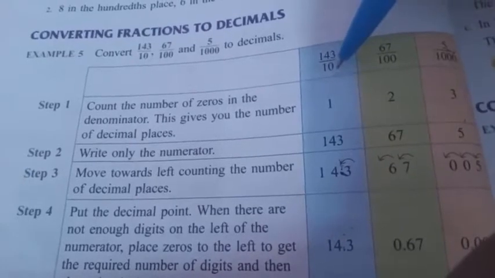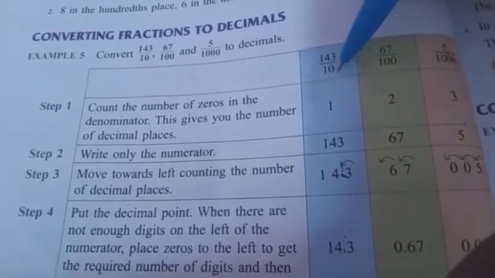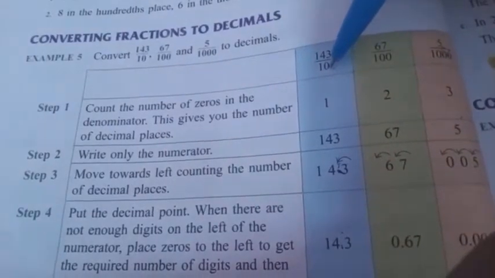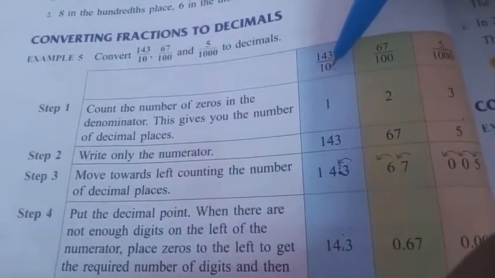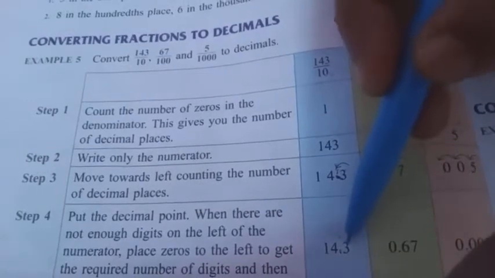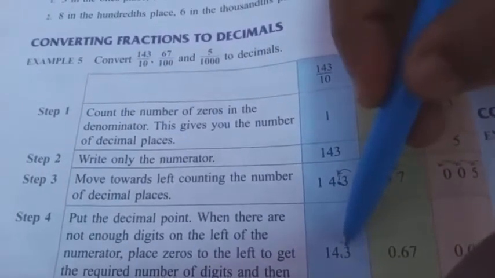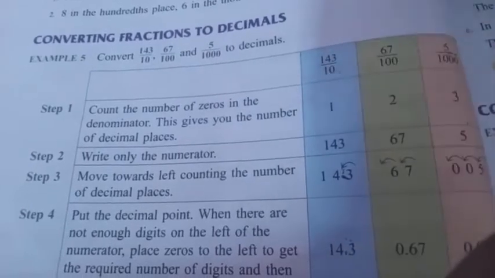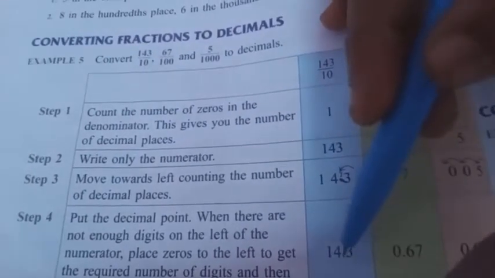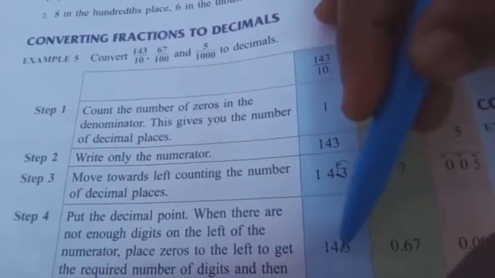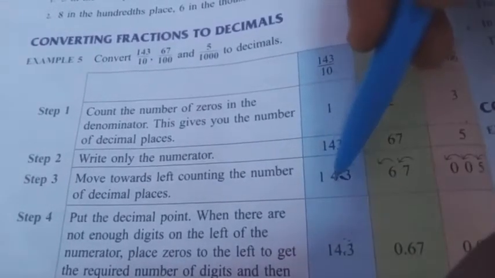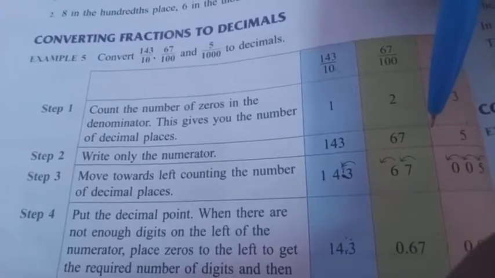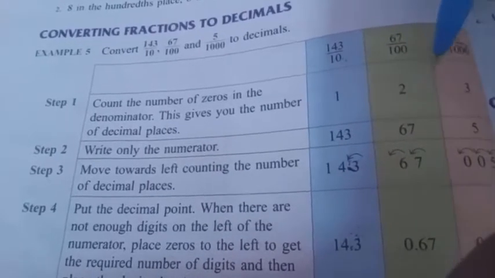Because we have only 1 zero. For 10, we will always have one zero, so we are counting only one number. After counting one number, we place the decimal point. After the point, we write the rest of the given numerator number. Is it clear? Yes.